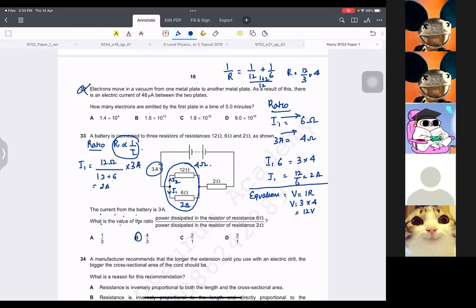So please understand, this gets 12 volts, this gets 12 volts. In parallel, the voltage is the same. Now I use V is equal to IR again. I want to find I, the voltage is 12 and the resistance is 6, so the current is 2, no matter what you do. Then you use power is equal to I square R, divide them and you get this answer, just like I did.